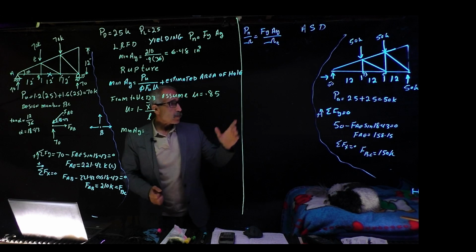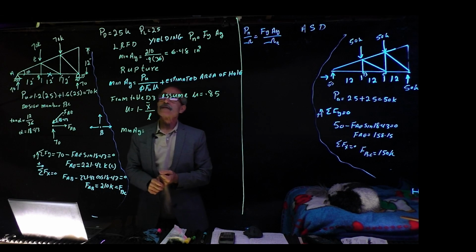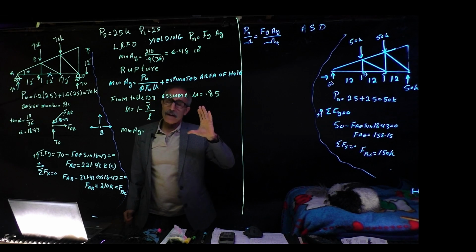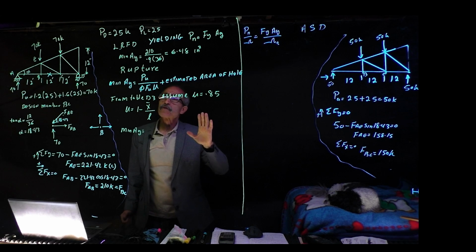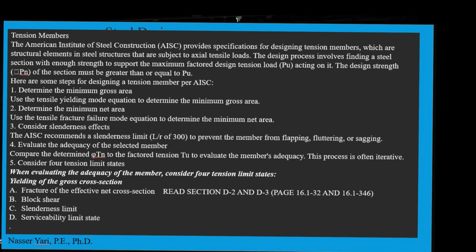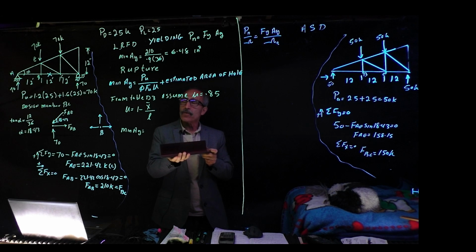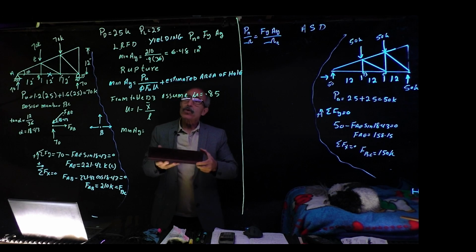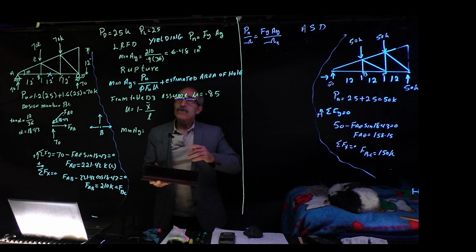Take a look at what I have on the screen. When we look at the tension member, there's four different things we've got to worry about. Number one, when we have a member like this, a piece of steel, an angle iron, it could be an I-shape, a channel, anything, when we do tension, we check for yielding.